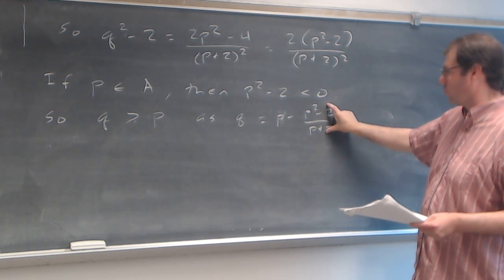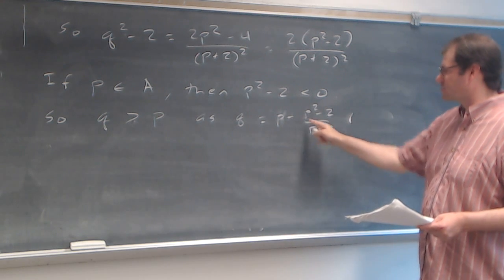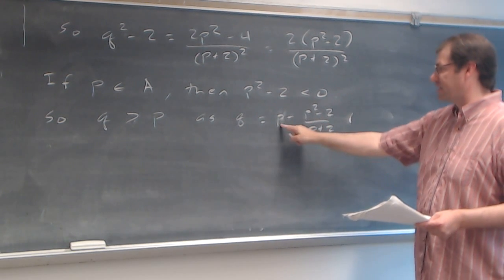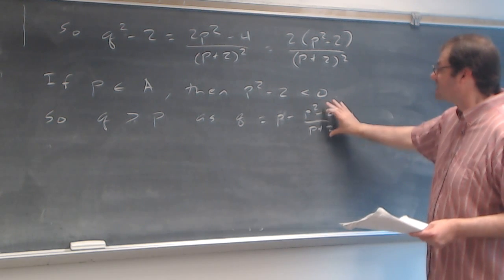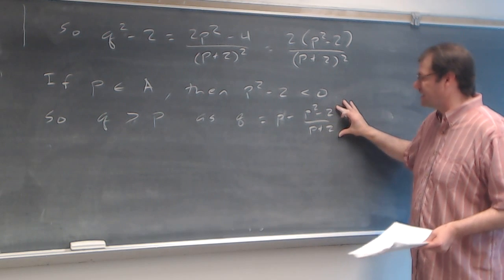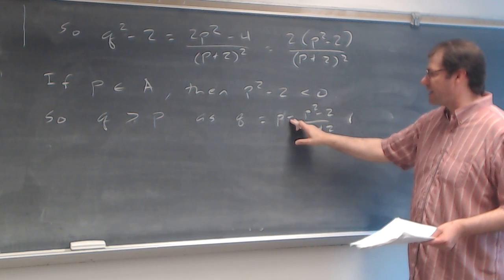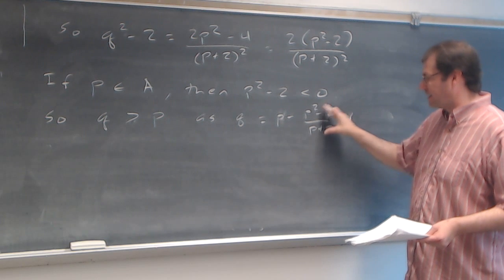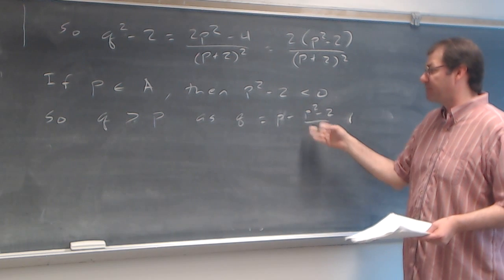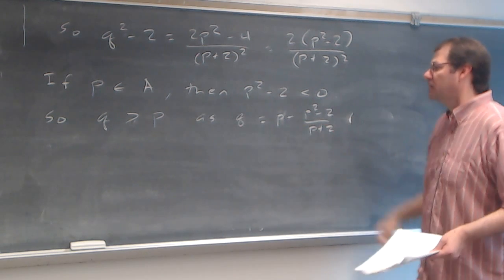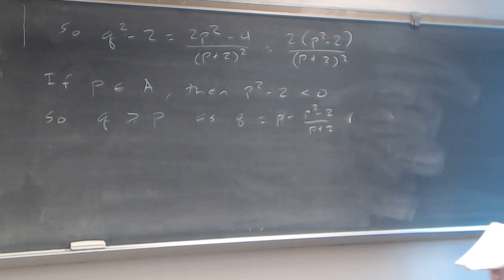So overall, this fraction is a negative quantity. This is a negative quantity, so we're taking p and, if you will, subtracting a negative quantity. That's taking p and adding a positive quantity. So that means that q had to be p plus a positive quantity. It means that q minus p is a positive quantity, thus q is greater than p.